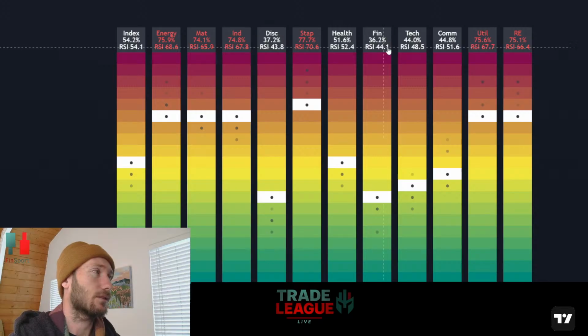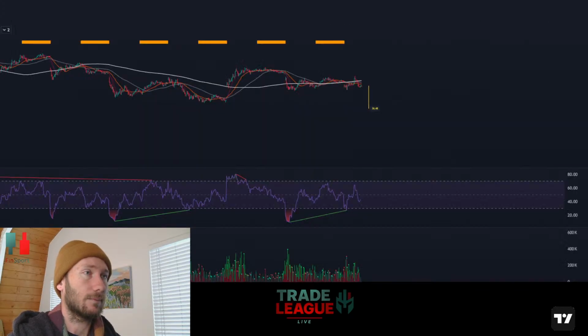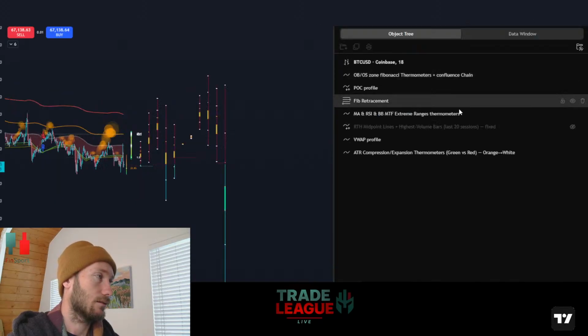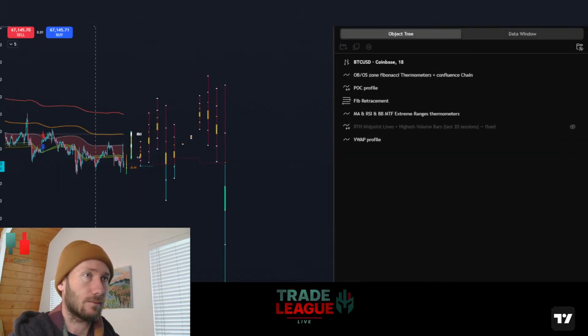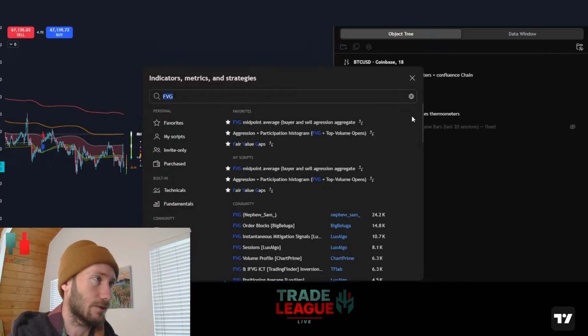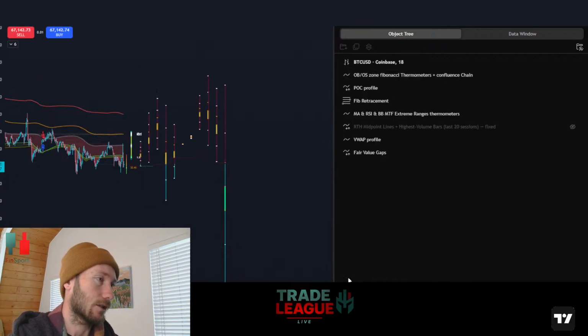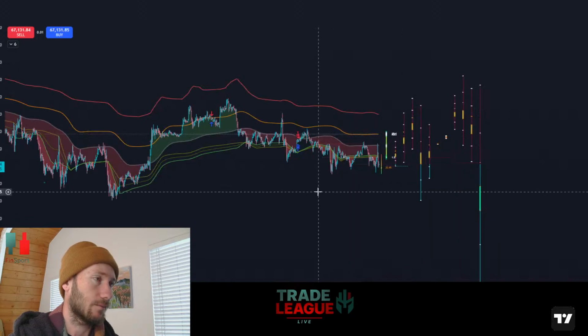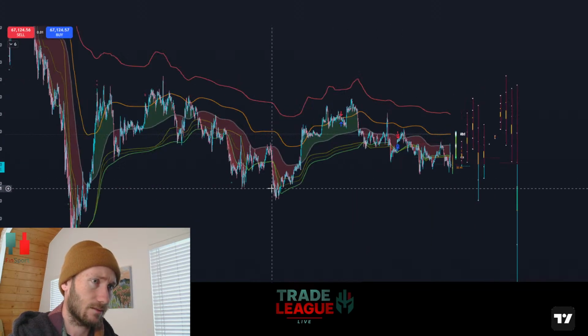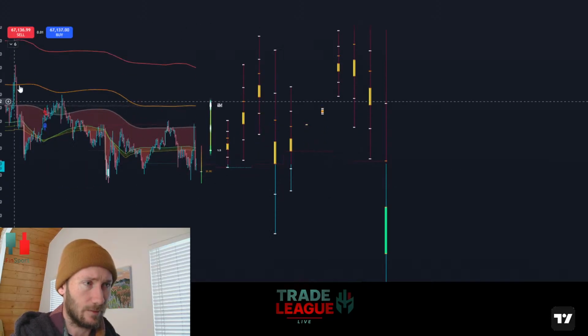Let's see what else is going on here. RE, I might look at, let me get rid of this compression thing. I built a quick fair value gap thing, just simple, to mix with this VWAP.